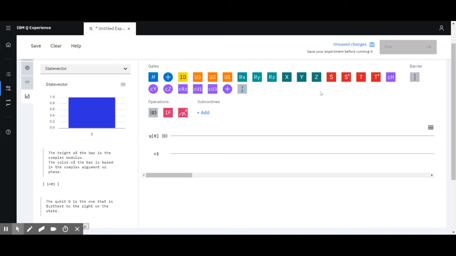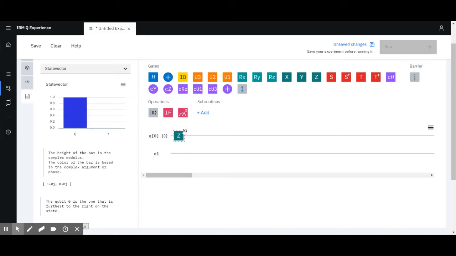And what the Z does, the Z is a special one because it only affects your phase. It doesn't touch the amplitude, but it only affects the phase of the amplitude that you have associated to the one value of your qubit. Remember that a qubit can be in a state 0 and a state 1, or in something in between, like 20% 0, 80% 1.